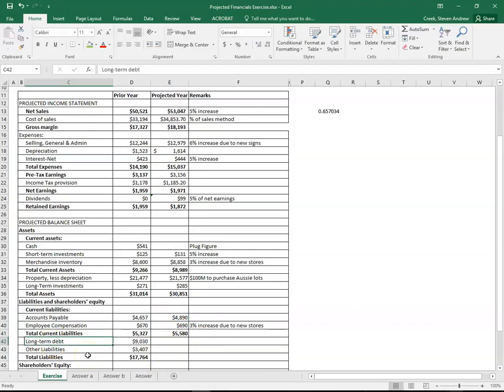Long-term debt. Okay, let's say we did our EPS EBIT analysis, and we determined that yes, we're going to need to take out some more debt, maybe to pay for that 100 million to purchase those lots.